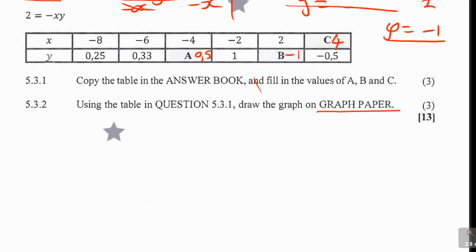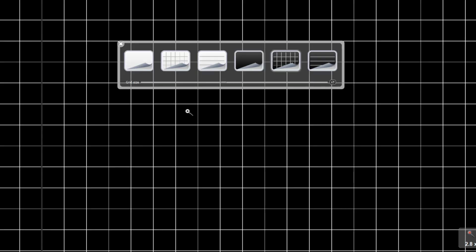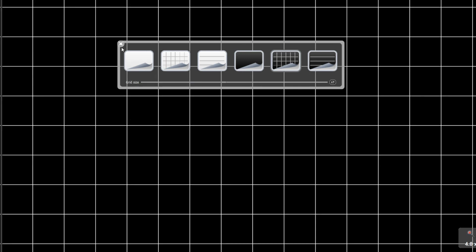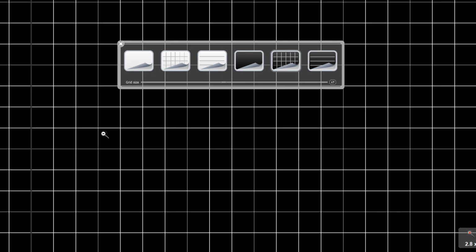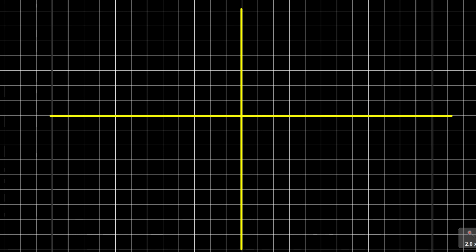So you see now they want me to draw this on a graph paper. I can actually come up with a new page here and come up with a graph paper like this. Make it small like that, and then it's not complicated, it's just a matter of bringing it like this, like that.